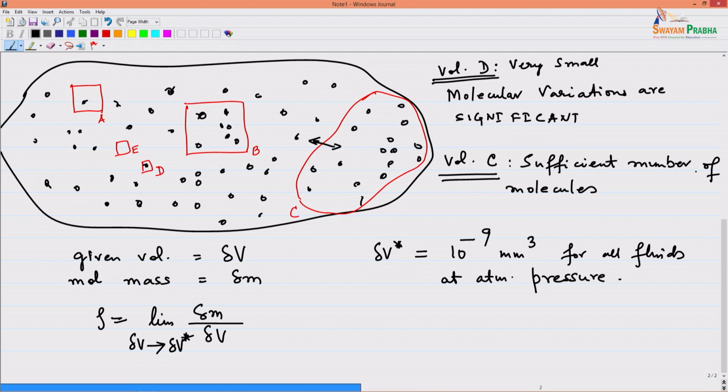This volume, at standard temperature pressure, okay, it contains molecules, right, and this is sufficient to define a constant gamma, right.